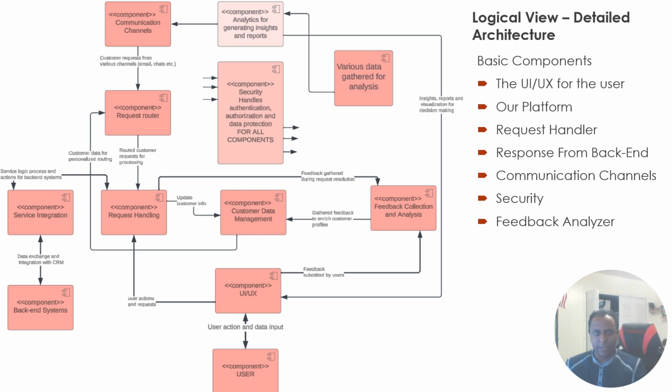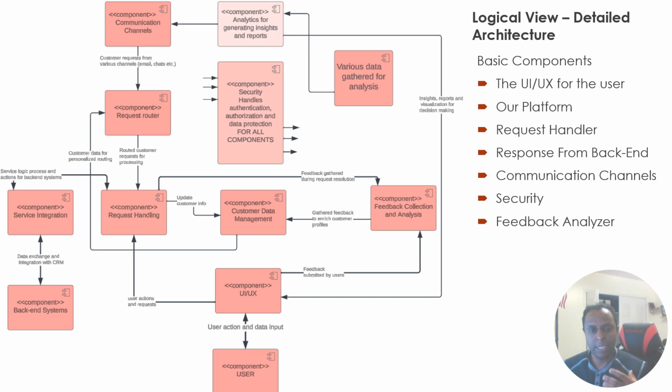Here is our user, who goes to the UI UX, the user interface, and takes action, like filling out a form or inputting data. Once the user does the action, it will go to the request handler. The request handler takes the request from the user and sends it to service integration. As you see, it's a bidirectional arrow.